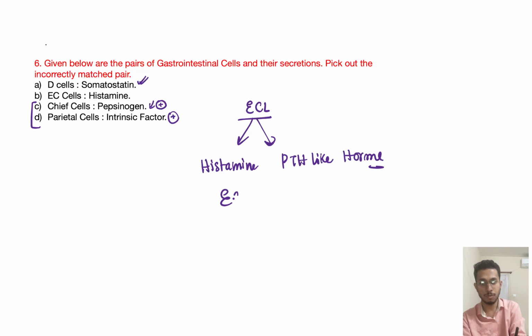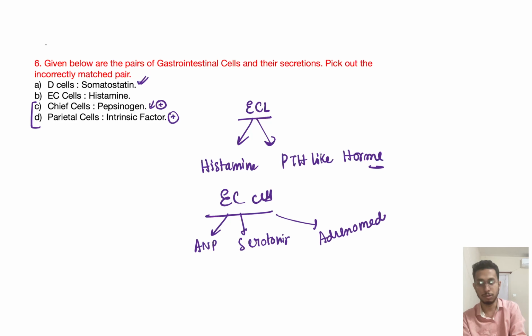Whereas enterochromaffin cell is responsible for secretion of atrial natriuretic peptide, serotonin, and adrenomedullin. So, obviously, option B is wrong here.